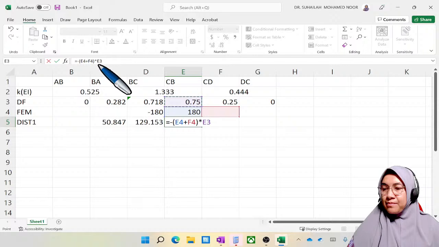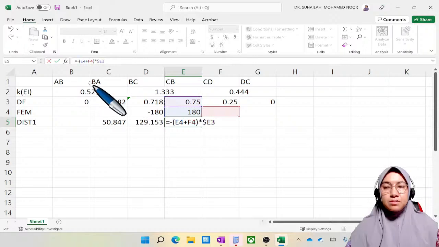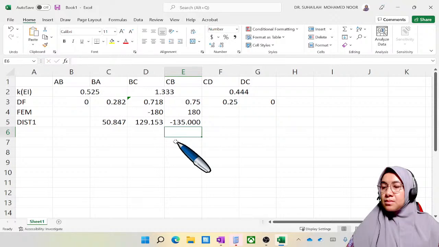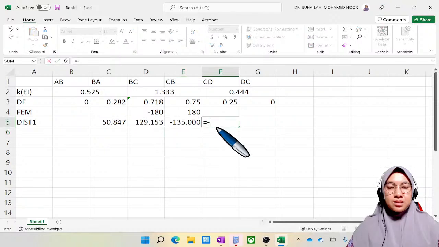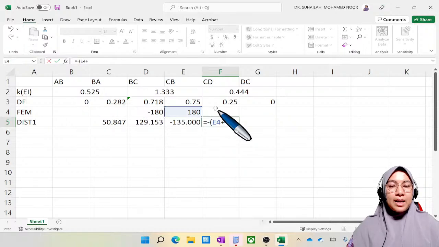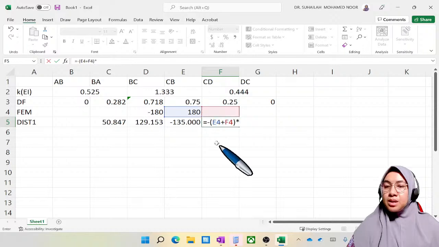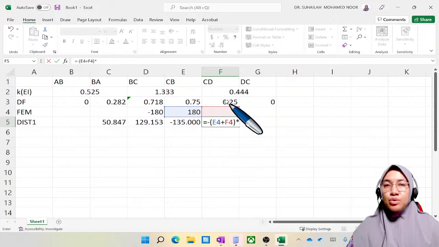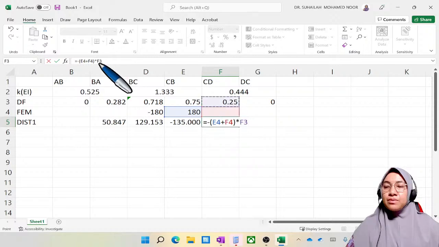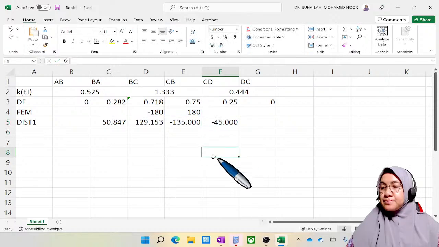And with the same process, plus 0 times 0.25. I have set all to 3 decimal places. That's why I get it like this.